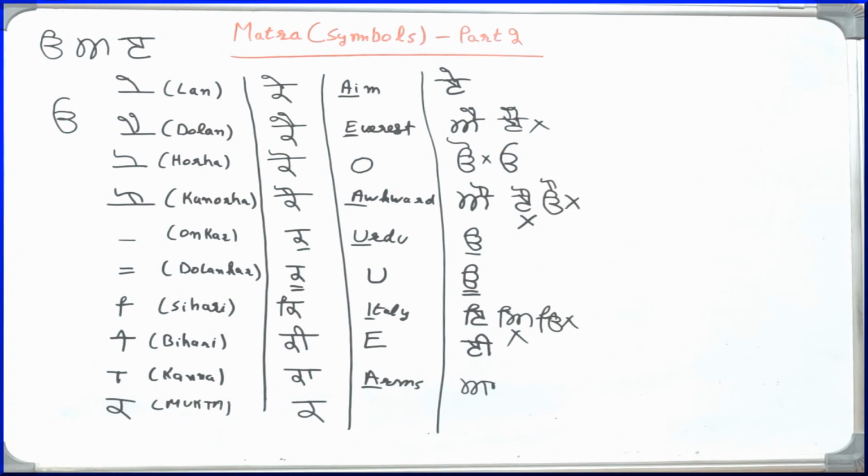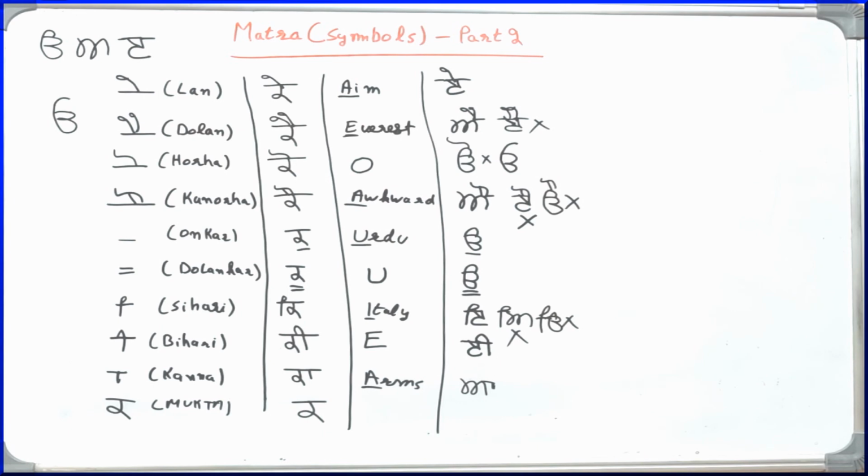Even some of the brands in Punjab, they will be using the wrong matras. So matras are very important. If you are making mistakes about these three letters when it comes to matras, then it is a very bad thing. At the end of the video, we will be having a chart which will help you to remember which symbol can be attached to which letter when it comes to the first three Gurmukhi letters.